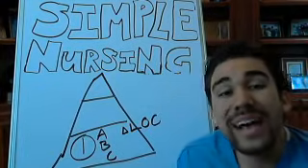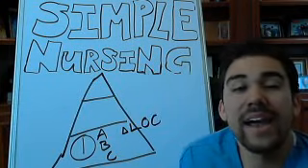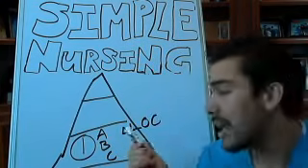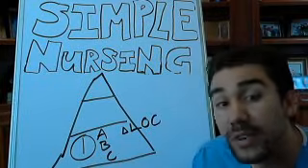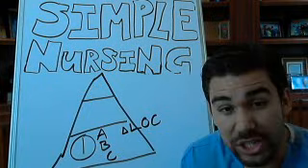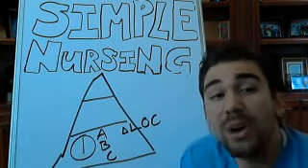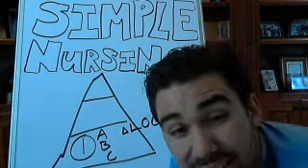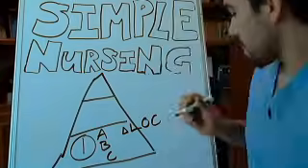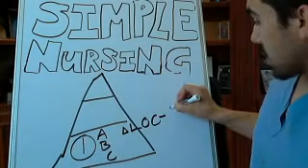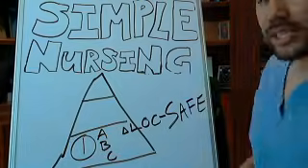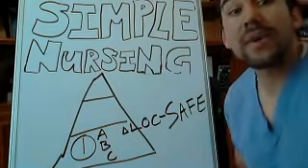So in terms of Maslow's hierarchy of needs, pretty much your airway, breathing, circulation comes first. Next is your change in level of consciousness. So if your patient becomes altered, this is directly correlated to a safety issue, okay? So safety, that's huge for priority.